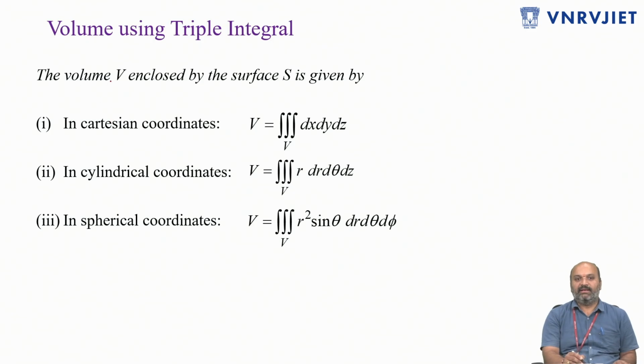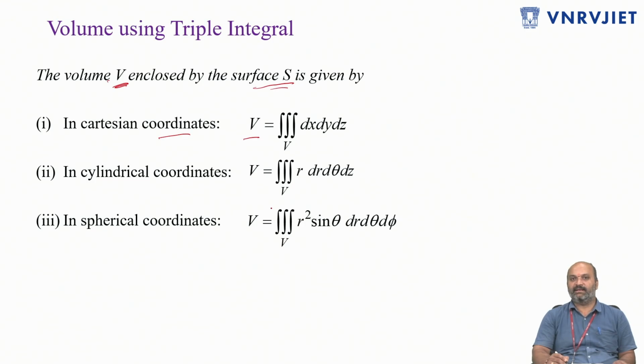Now let's see the volume V enclosed by the surface S. Then the volume in Cartesian coordinates is V equals the triple integral over the volume V of dx dy dz. See, here the integrand is 1. Whereas in the case of cylindrical polar coordinates, the volume is given by the triple integral over V of r dr d theta dz.